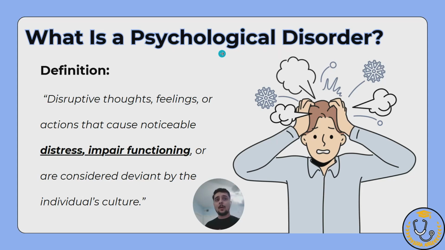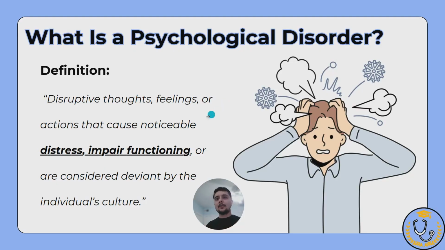So let's talk about what is a psychological disorder. The definition: it is disruptive thoughts, feelings, or actions that cause noticeable distress, impairment in functioning, or are considered deviant by the individual's culture. If we think about people that are sad or those that are depressed, we can have people that are sad, but it doesn't mean that they necessarily meet the clinical criteria to be diagnosed with major depressive disorder.